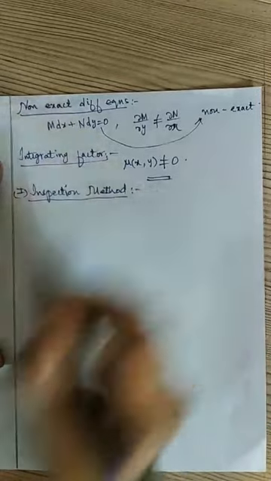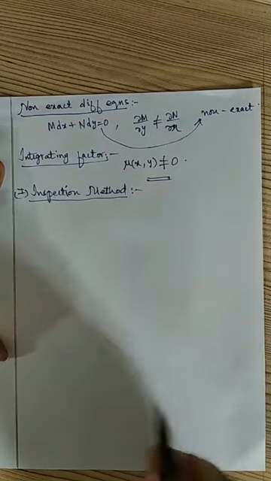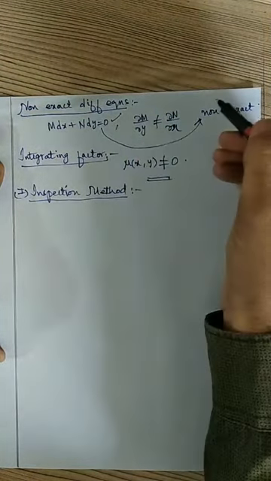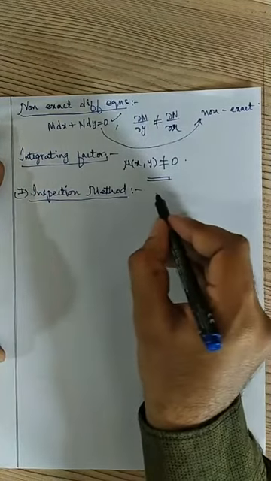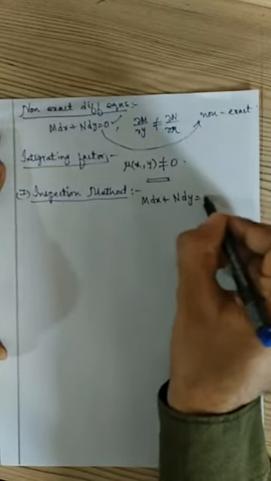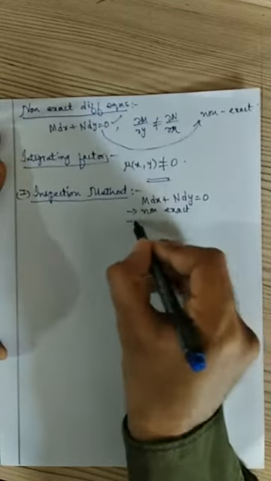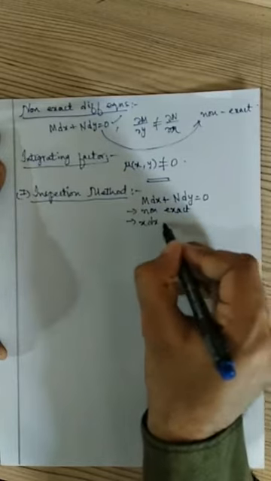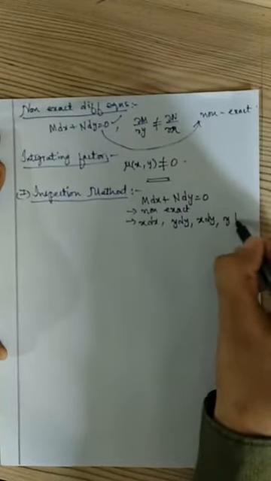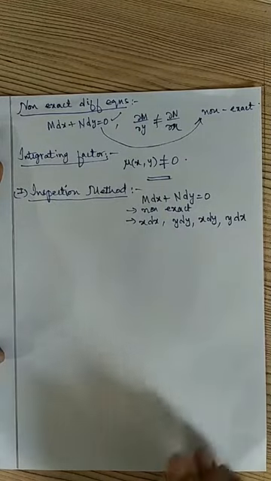This method is applicable if the given equation is of the form M dx plus N dy equals 0, and it should be non-exact, and it should involve terms like x dx or y dy or x dy or y dx. If these kinds of terms are there in the equation, then we use this inspection method.